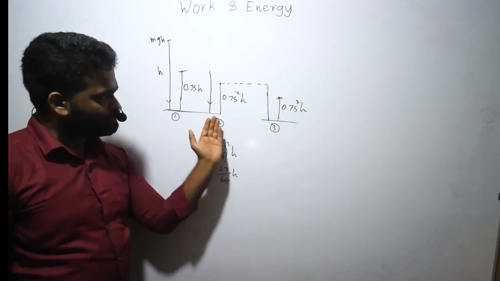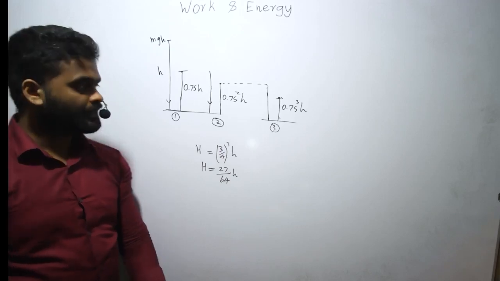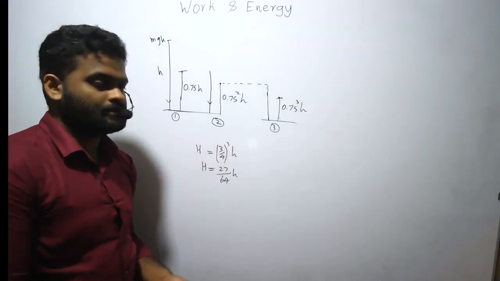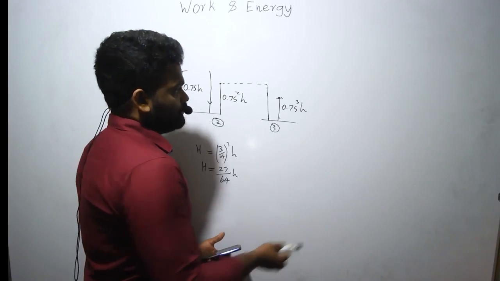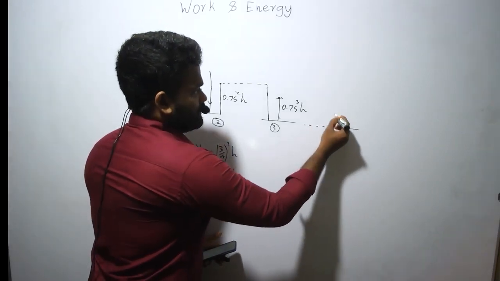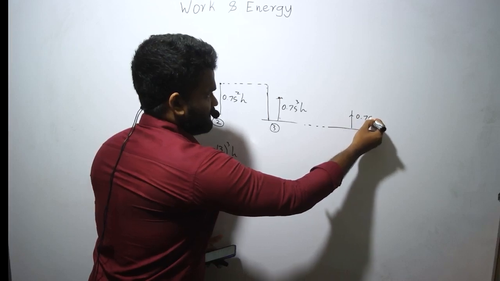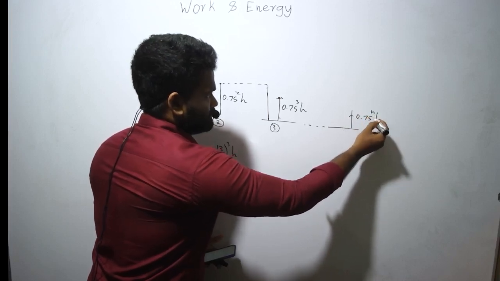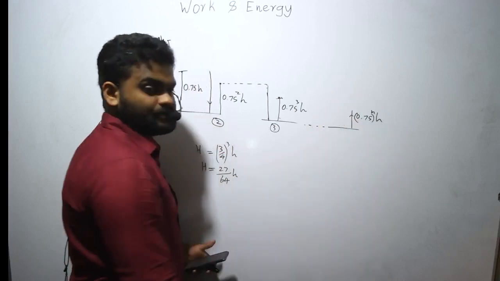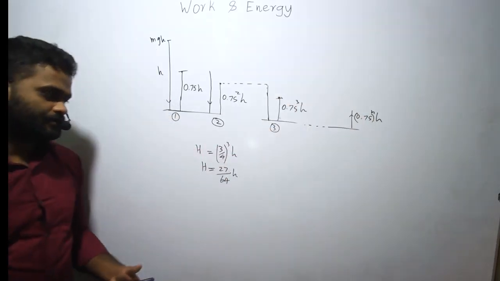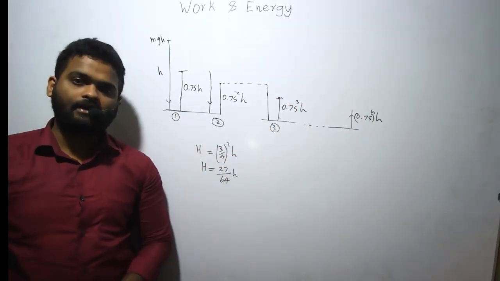Using that pattern, you can figure this out. Let's say after the nth collision, it goes up to 0.75 to the power n times h. So you have to figure out the pattern there, right?